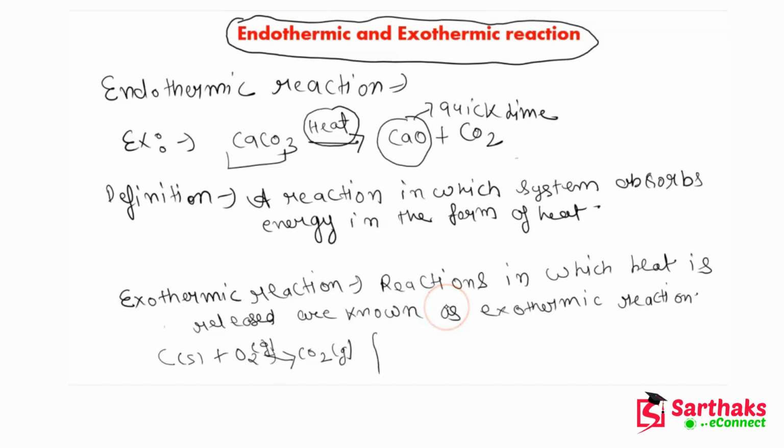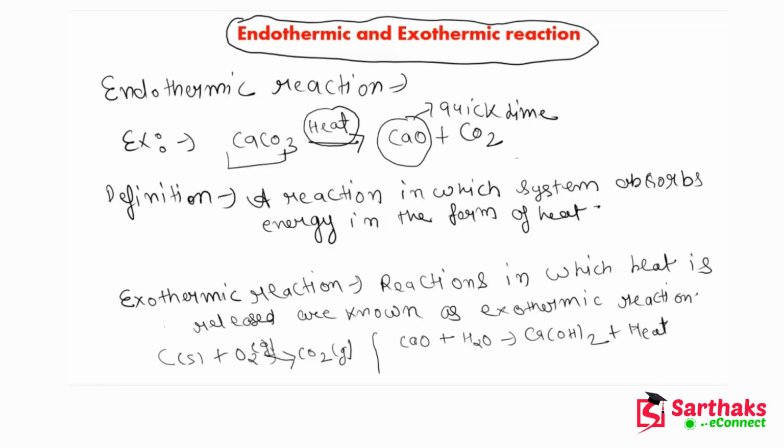Now guys, we can also see another example of an exothermic reaction, and that is when calcium oxide reacts with water, it will form calcium hydroxide. And in this process, heat is released.